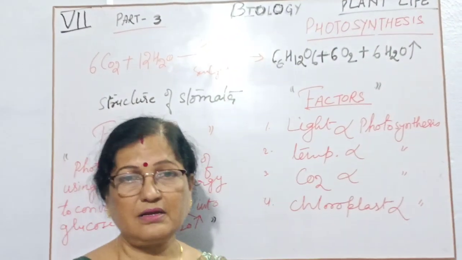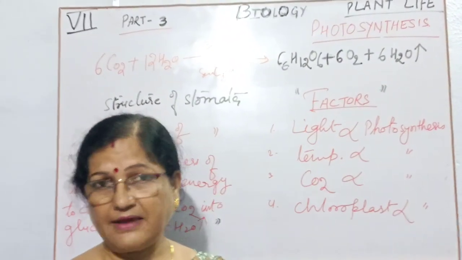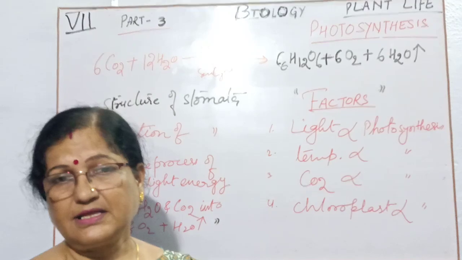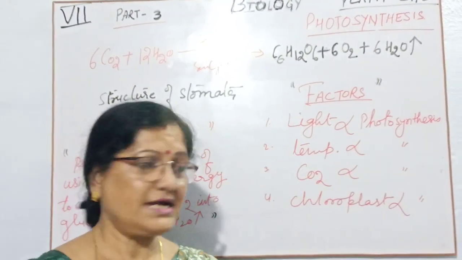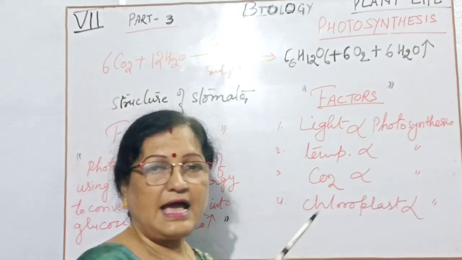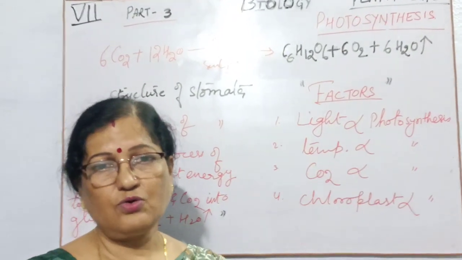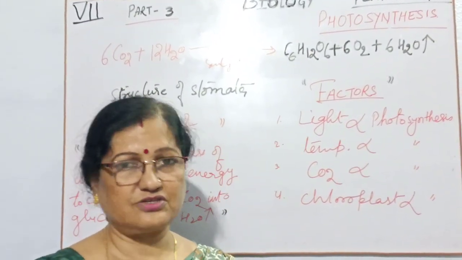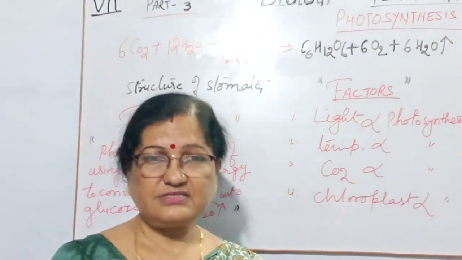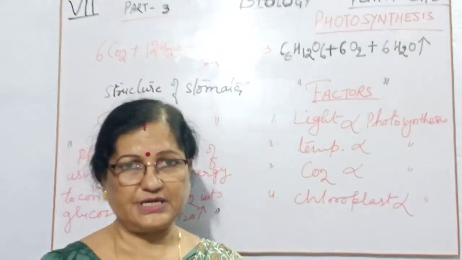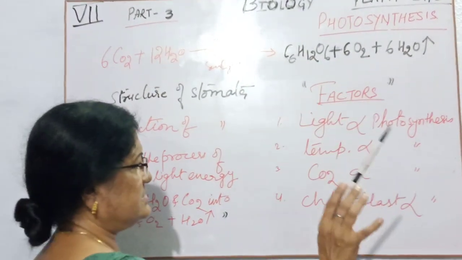There should be one optimum temperature for the plant, that is 20 degrees Celsius to 40 degrees Celsius. After that, the stomata get closed and no sunlight, no heat energy can enter through it, and there will be no photosynthesis.